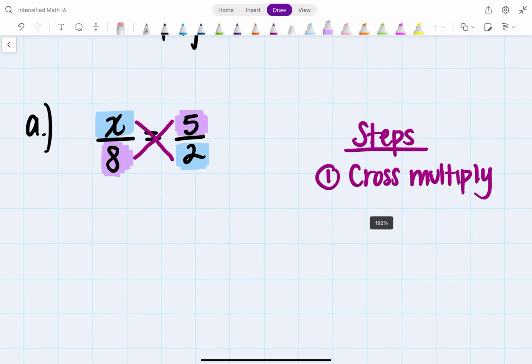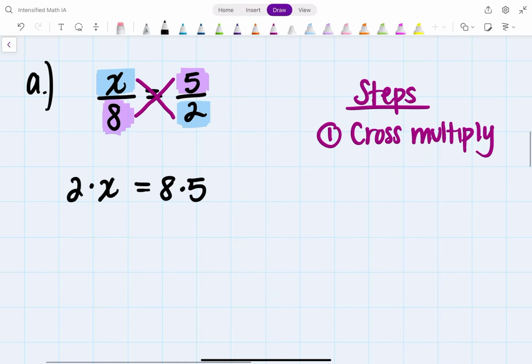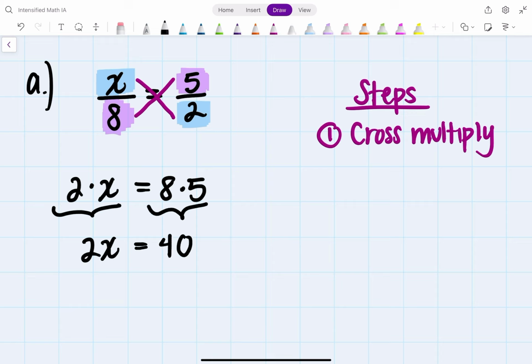I color coded the ones that are going to be multiplied. Now, when I multiply, I have 2 times x is equal to 8 times 5. If I multiply this out, 2 times x becomes 2x, and 8 times 5 gives us 40.